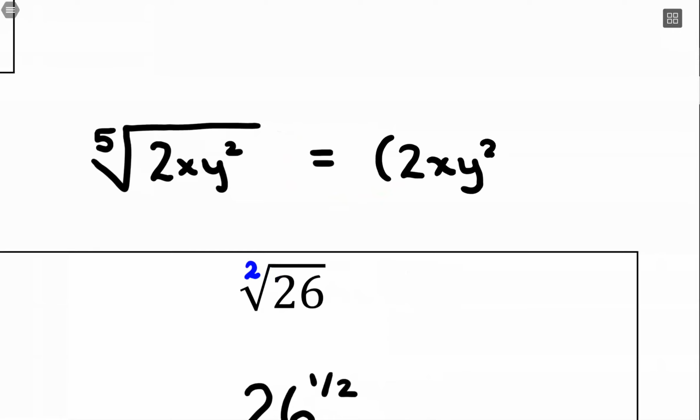So I'd have my 2xy squared all together, and then the exponent is coming from basically this radical symbol with that 5 there. So we would have a 1/5. But then, and we won't do this here, we could simplify this further by using our product rule and power to power. So we could simplify this further, but we'll just leave it like that for now.